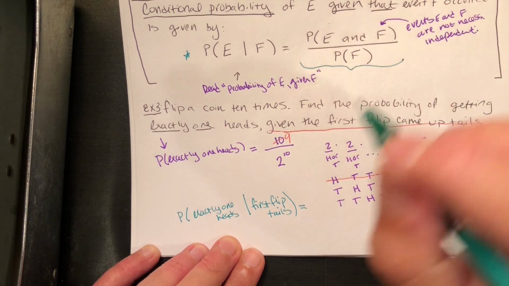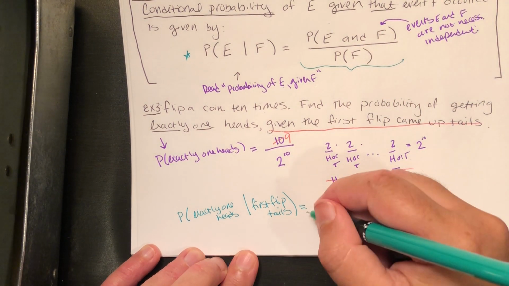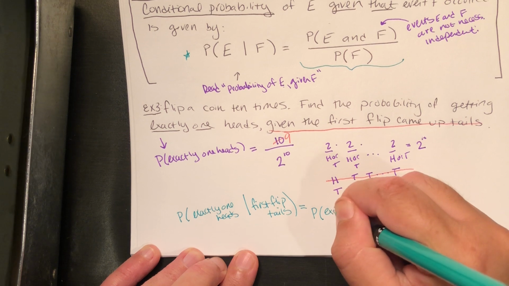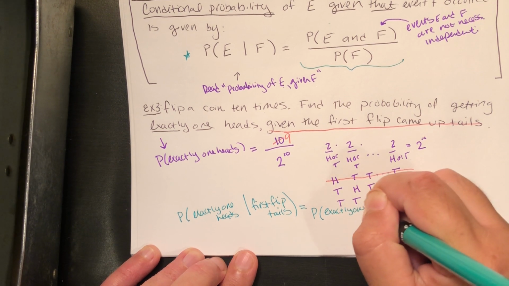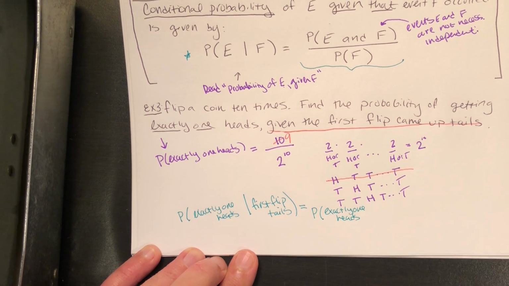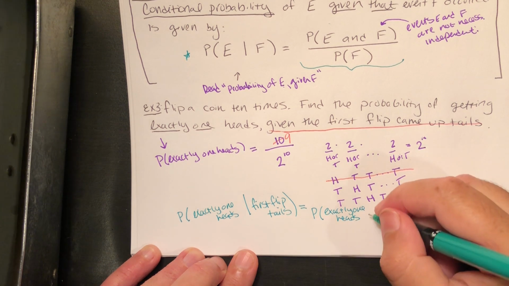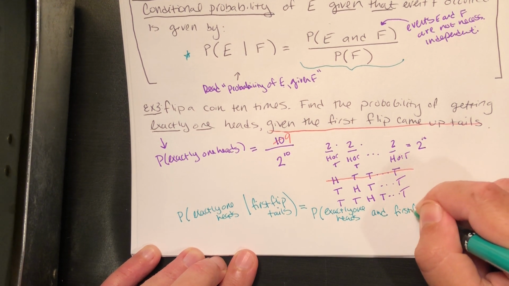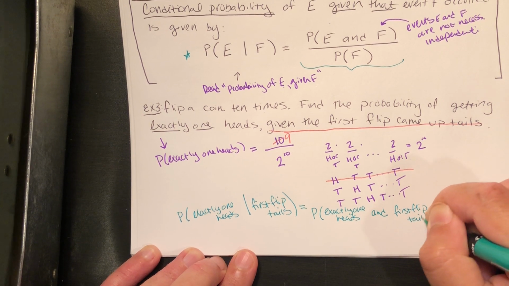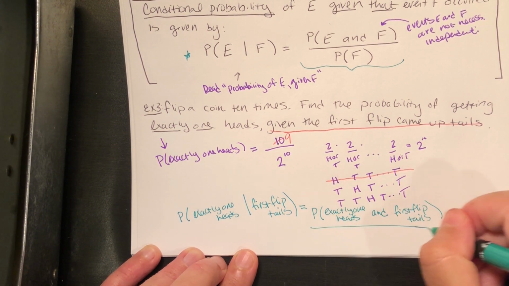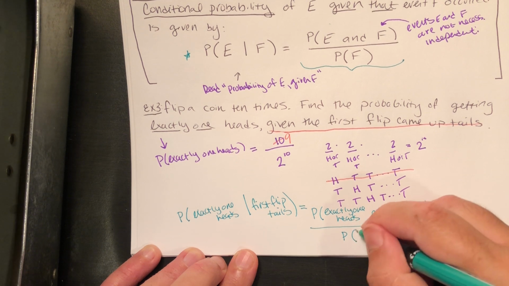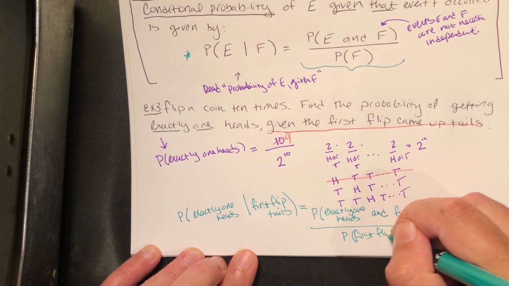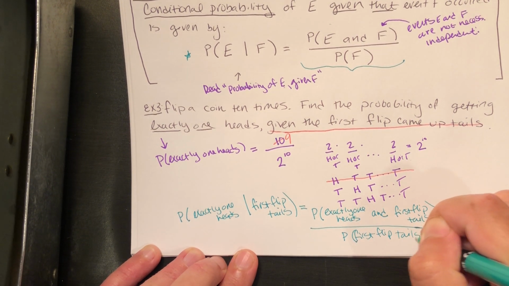The probability of E and F, the probability that both things happened, the probability that we have exactly 1 heads and the first flip was tails, divided by the probability that the first flip was tails.